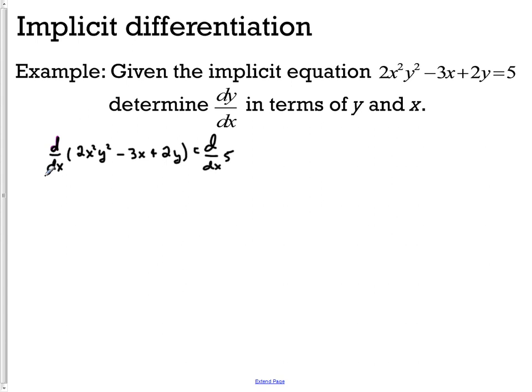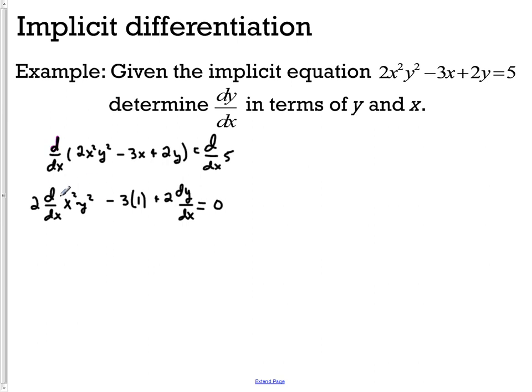Okay, so we're going to take the derivative with respect to x of each term, so I'm going to take 2 times the derivative with respect to x of x squared times y squared, minus 3 times the derivative of x with respect to x, well that's 1, plus 2 times the derivative of y with respect to x, and that will equal 0 on the right hand side.